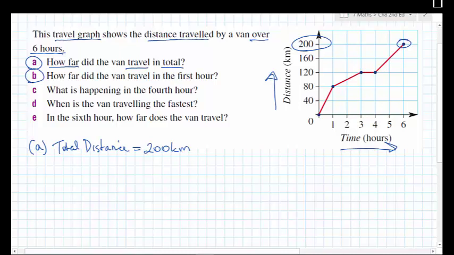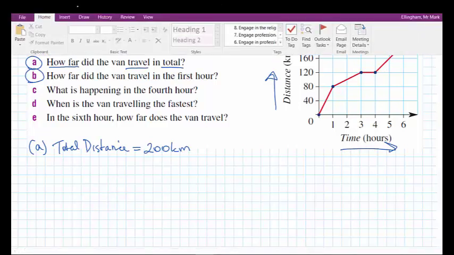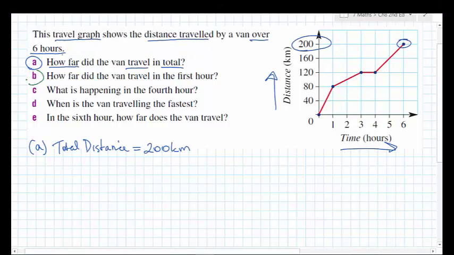Now let's have a look at B. How far did it travel in the first hour? Let's use a slightly different colour for that. This is the first hour here, between here and here. In the first hour he's travelled to that point there, which is 80 kilometres.